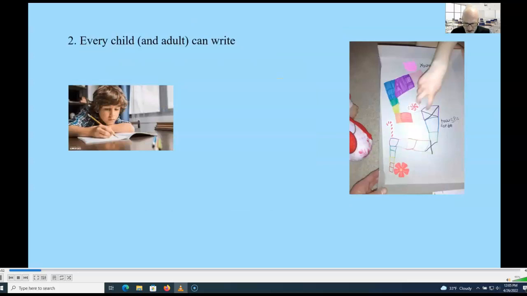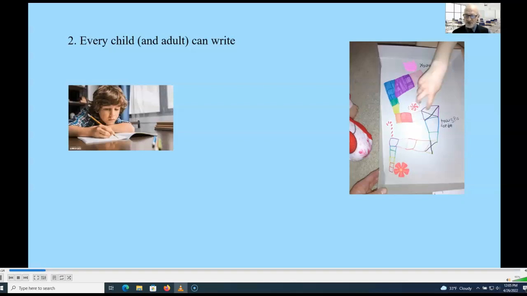Every child and every adult can write. Absolutely. They may need more pictures than letters to write, but the very first day of school, they can create meaning with print and pictures. Every child, every adult can write.